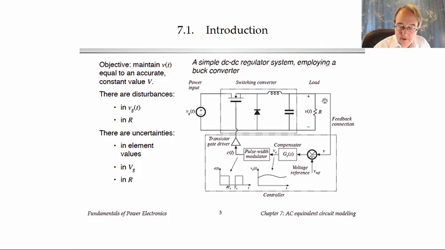So what we do is we build a control system that senses the output voltage through this feedback connection. This voltage is put into a summing node that generates what's called an error signal. We subtract the measured output voltage from a desired reference value called Vref, and the object here is to make the output voltage equal to Vref.